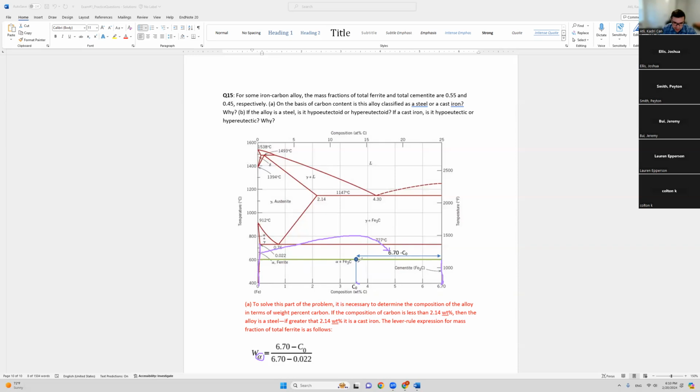So this length is 6.7 minus C0. By the lever rule, the numerator will be 6.7 minus C0, divided by the total length of the tie line, which is 6.7 minus 0.022. This 0.022 is this value here. The actual value can be slightly different, but it's not very important. It's a very small value and it's not going to change your results.